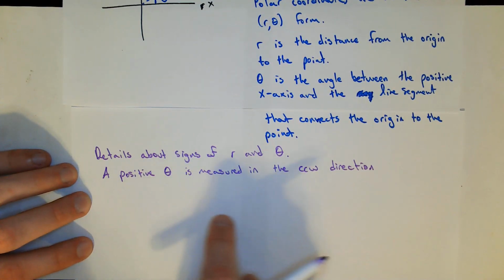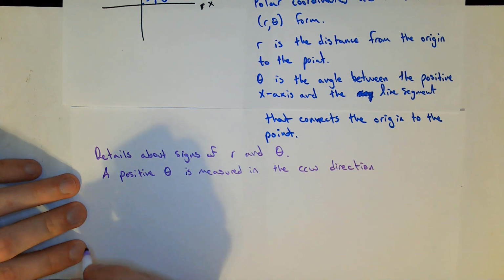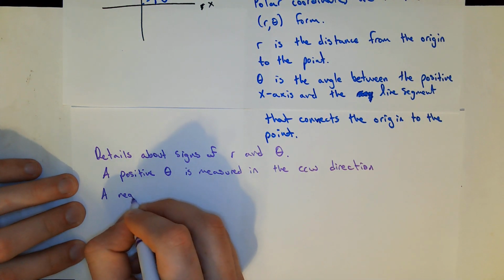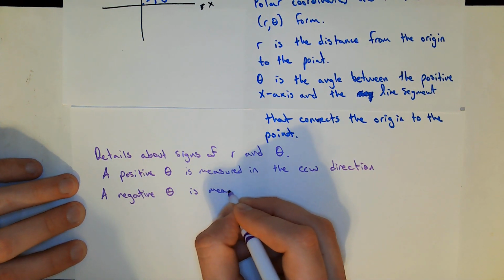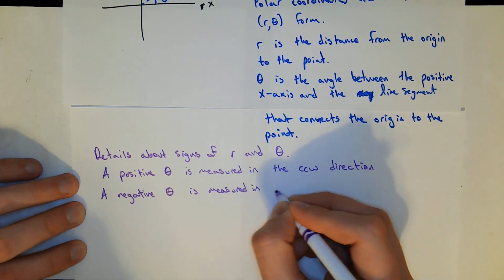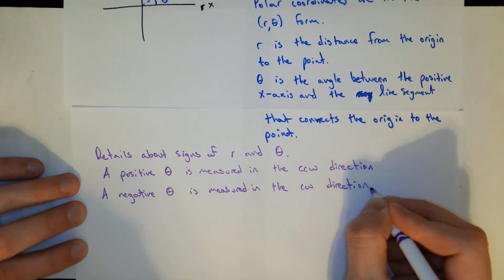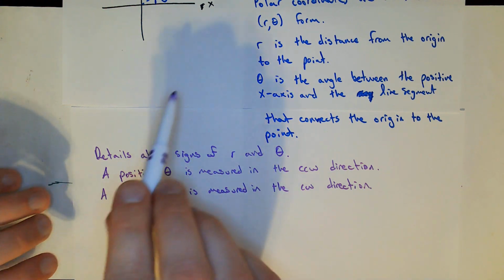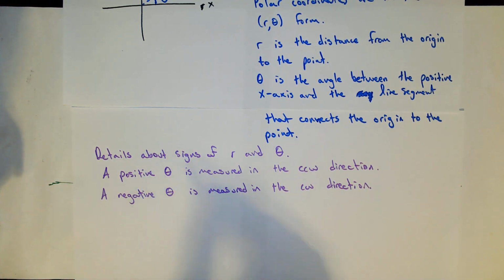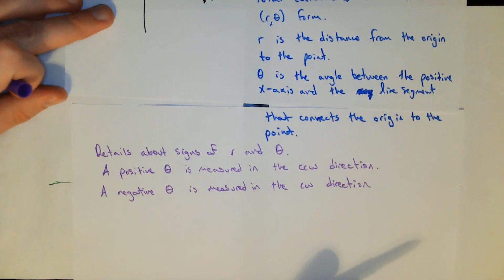Going this way, counterclockwise, that's a positive direction. And in contrast, an angle going in the clockwise direction, so this way, is measured as negative. Okay, good. That's normal. What about r?